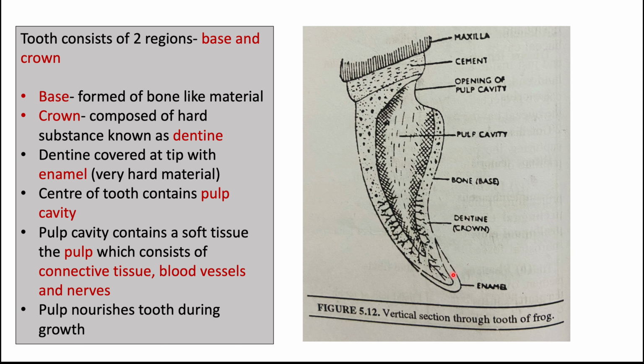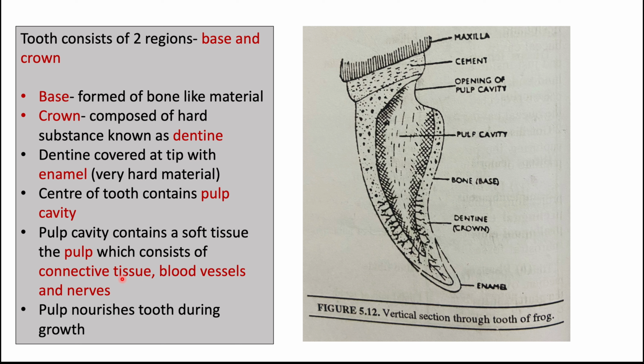Now look at the tip of dentine. Here you can see a covering. This is known as enamel. It's the hardest substance. In case of human also, enamel is the hardest substance. It is present on the tip of dentine. And look here, the center of the tooth contains the pulp cavity. This pulp cavity contains a soft tissue known as pulp, which consists of connective tissue, blood vessels and nerves.